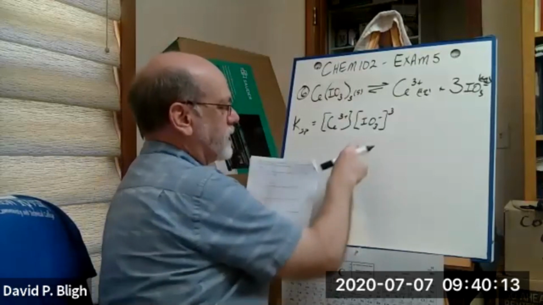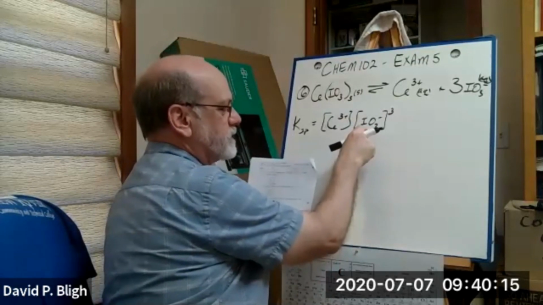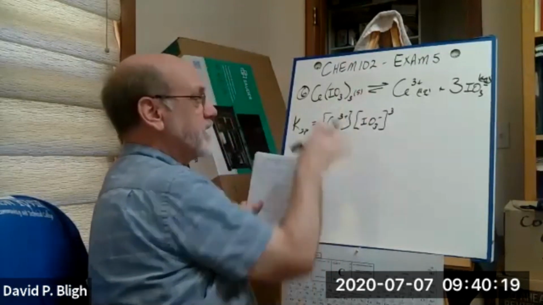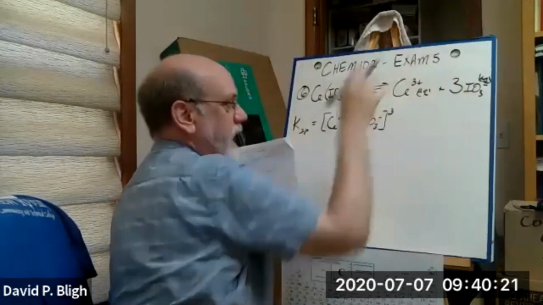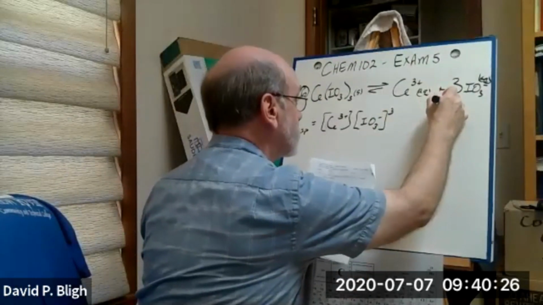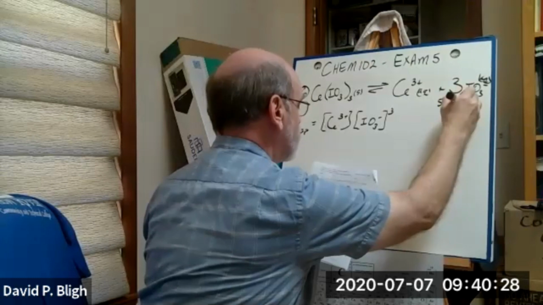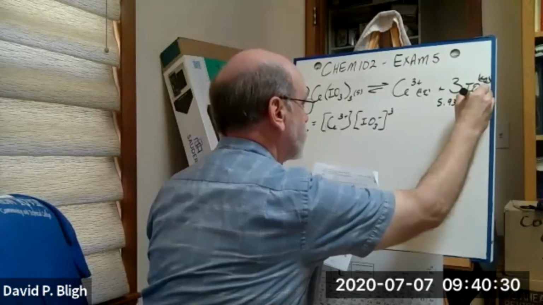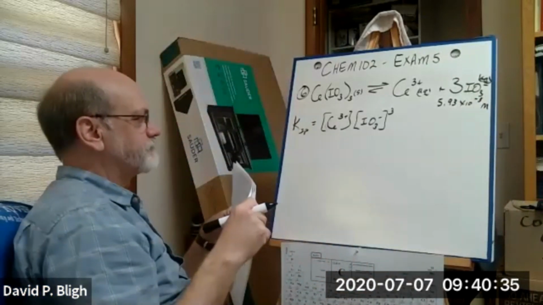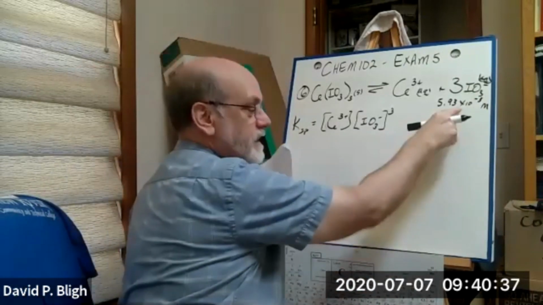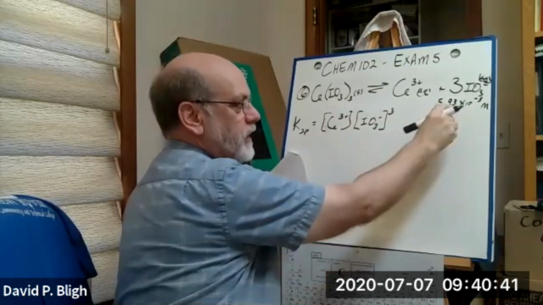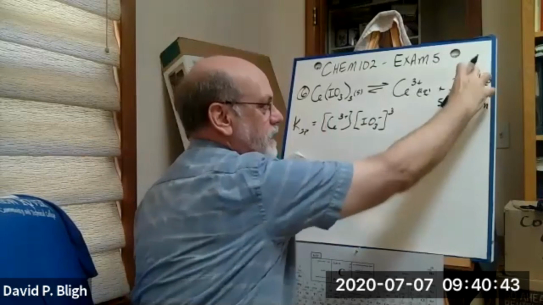And what are we given? We're given the concentration of this iodate ion in the saturated solution, which means this is in equilibrium with that. So if the concentration here is 5.93 times 10 to the -3 molar, this goes in here unaltered because this is the concentration of that.